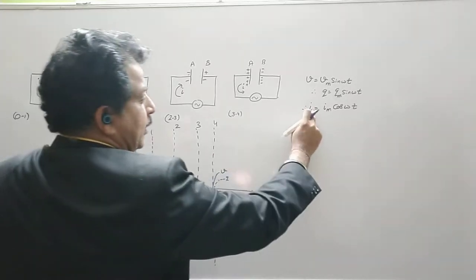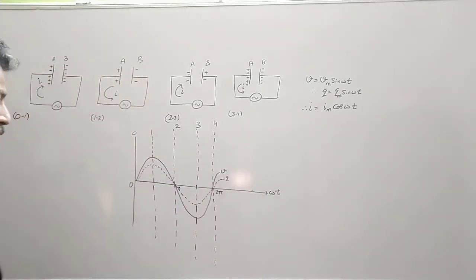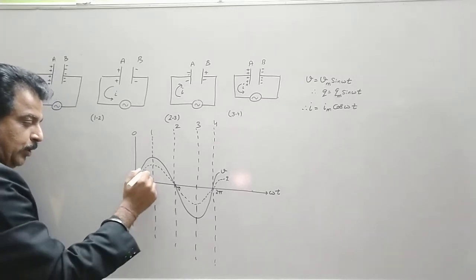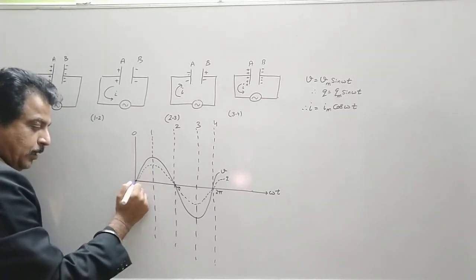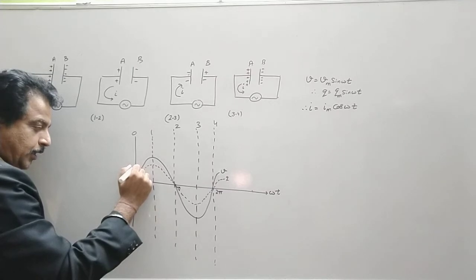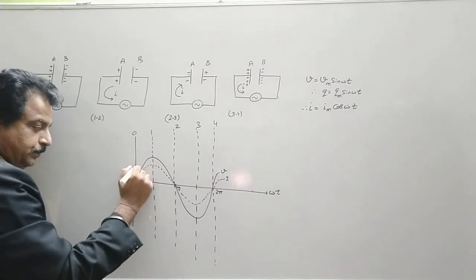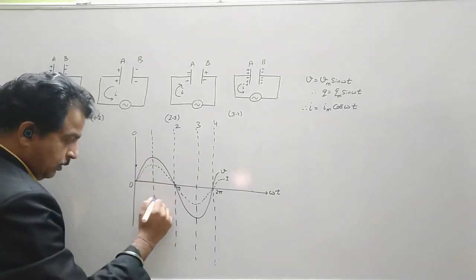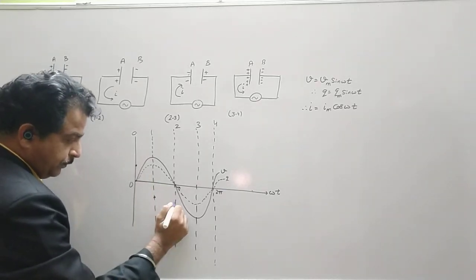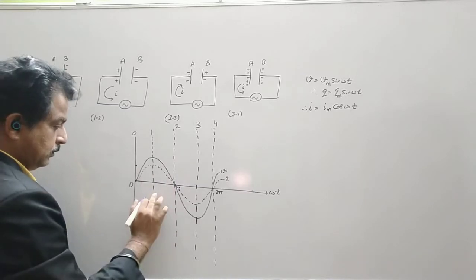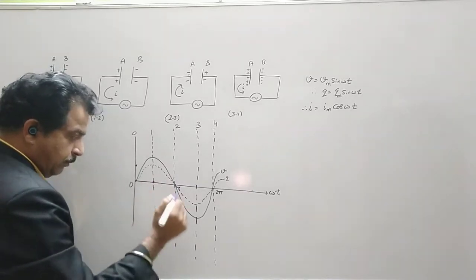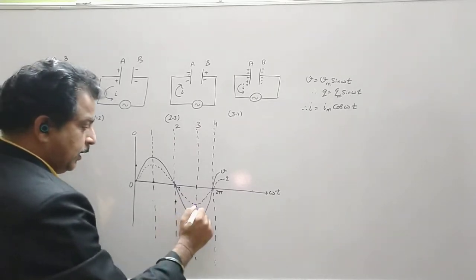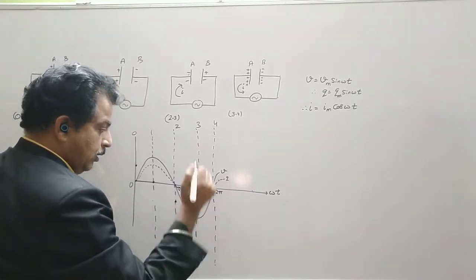Now let us see the current. Current is leading. So when the charge is 0, the current is maximum. Then we have maximum, minimum.